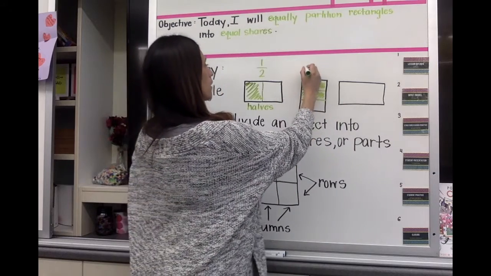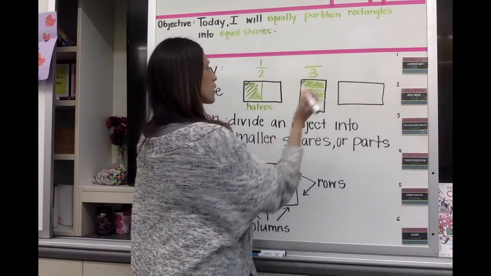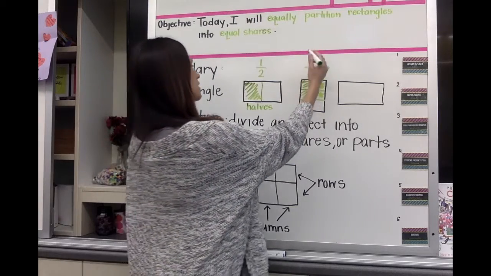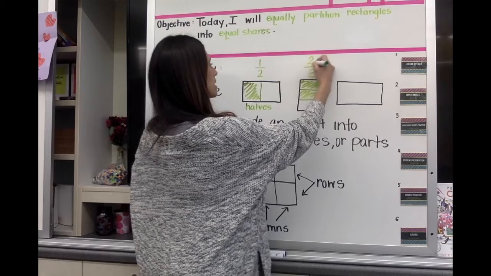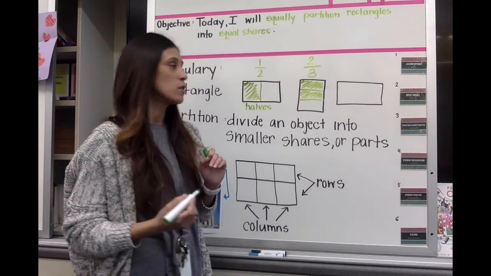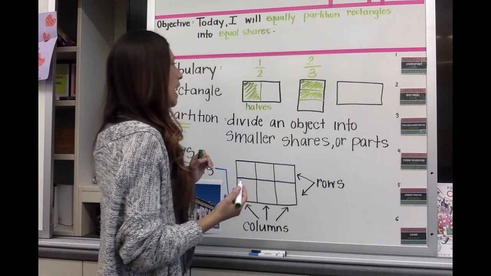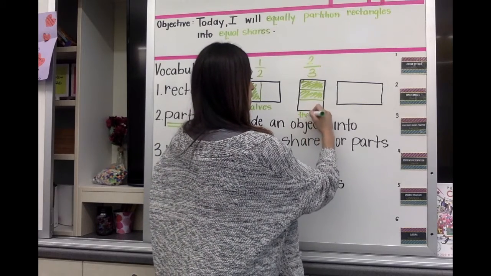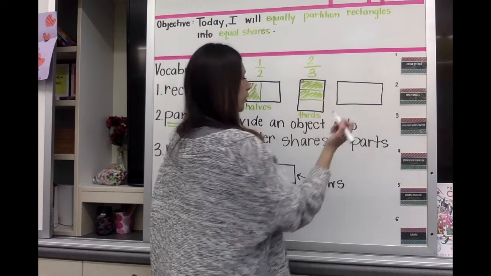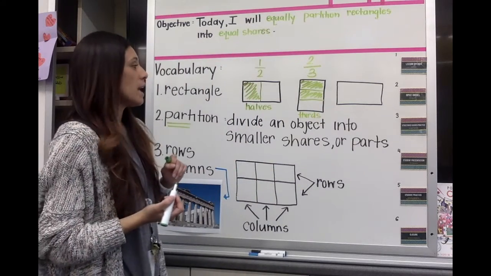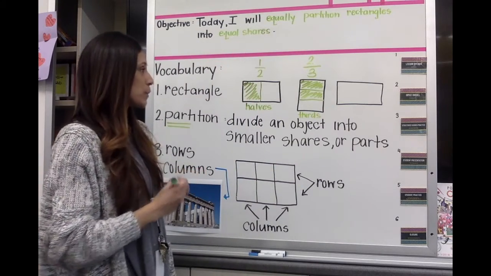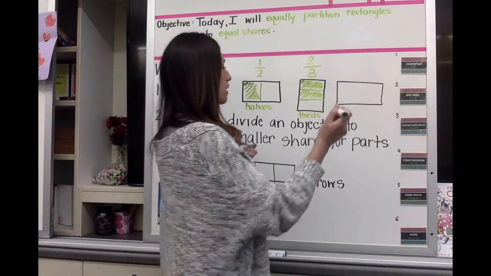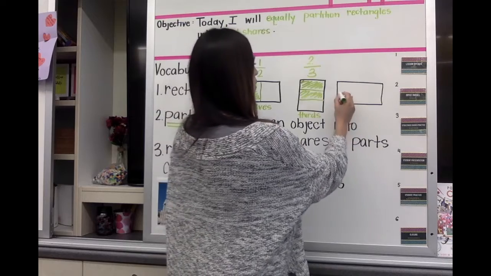So there are 3 shares altogether, so my denominator is 3, and then I have 2 shares shaded in, so we would say that this is 2/3 shaded. And we would call this type of partitioning thirds, right?